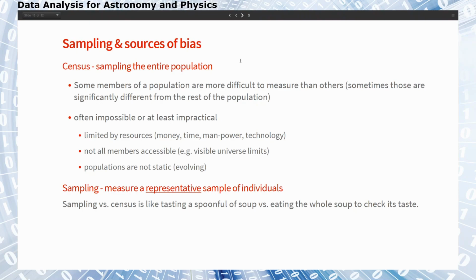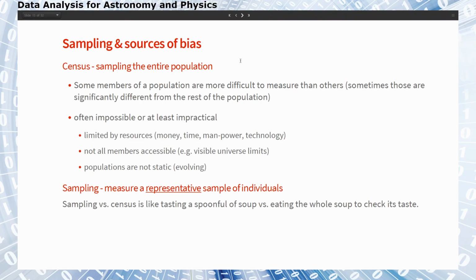The most general sampling is the so-called census, which means we sample the entire population. This might be very difficult because some members of a population might be more difficult to measure than others. And so very often it's impossible or at least very impractical.